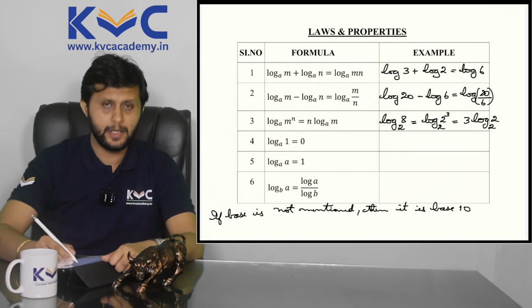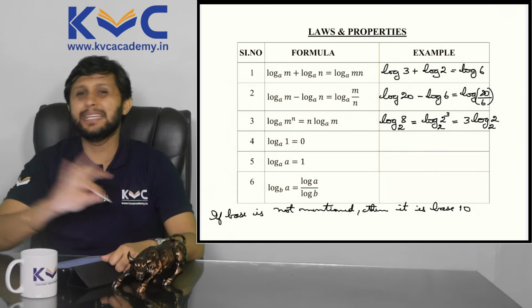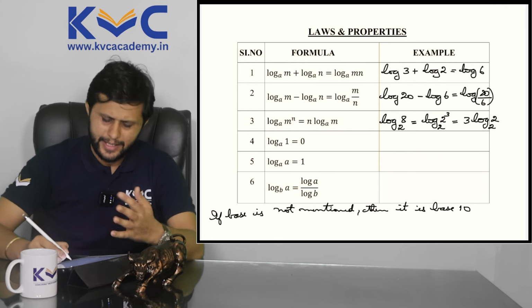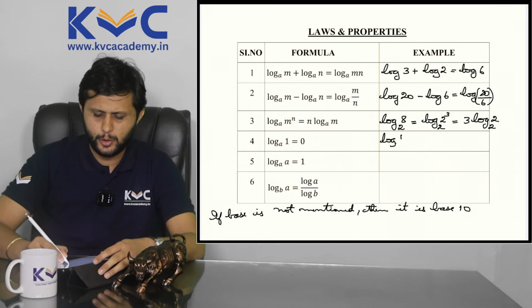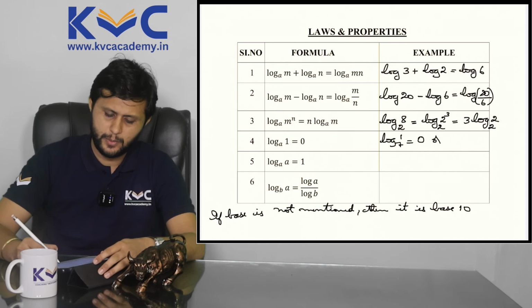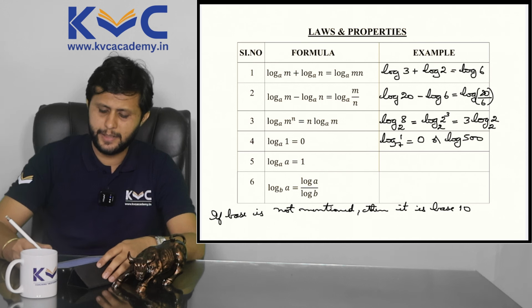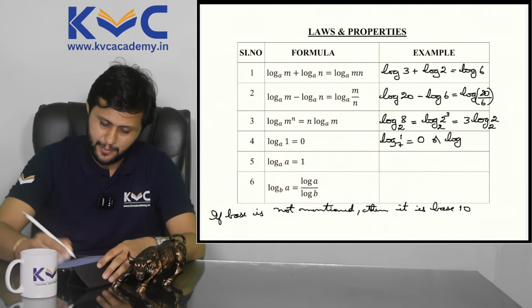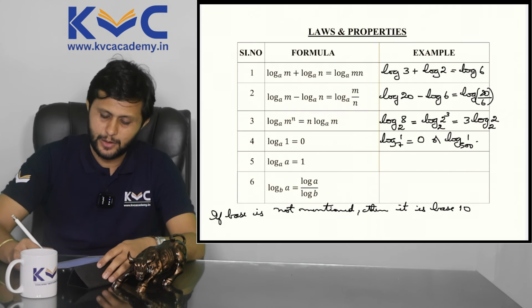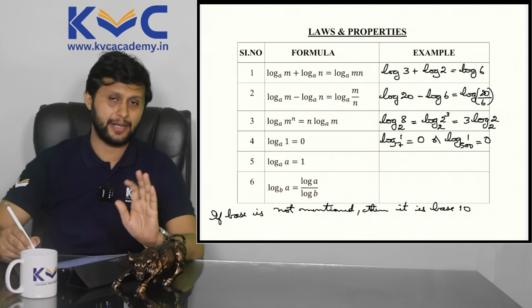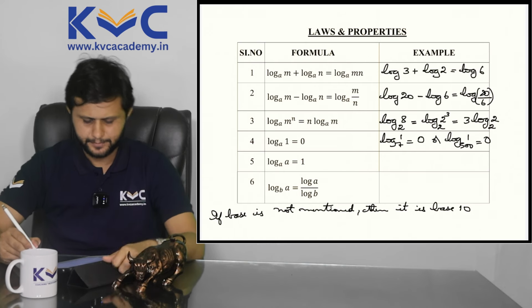So logarithm of 1 to any base is 0. So I can say logarithm of 1 to base 7, the answer is 0. Or one more example, logarithm of 1 to base 500 is also equal to 0. So it does not matter what the base is when you are taking logarithm of 1.